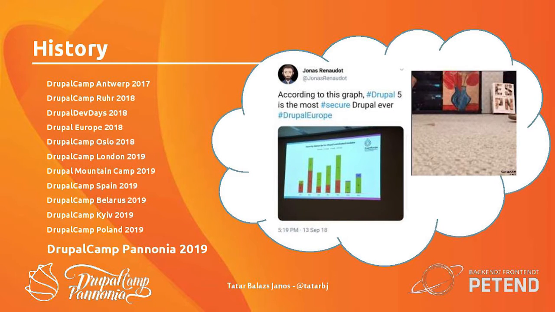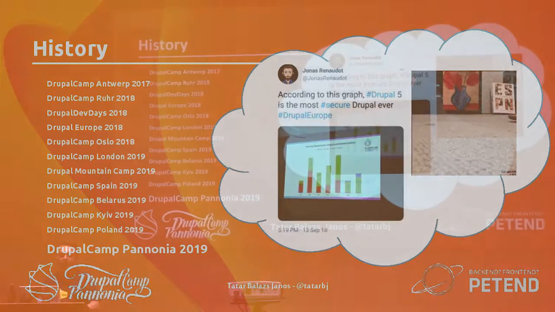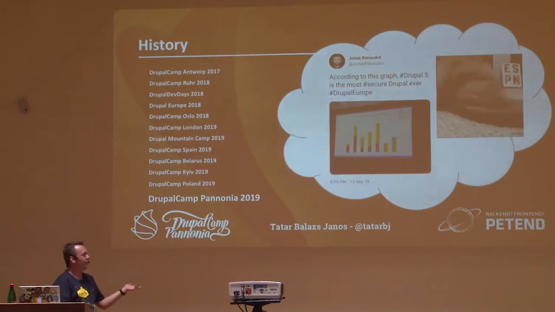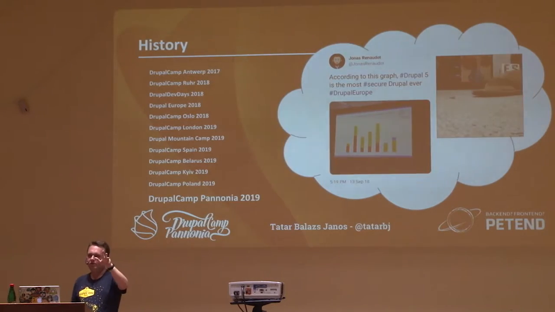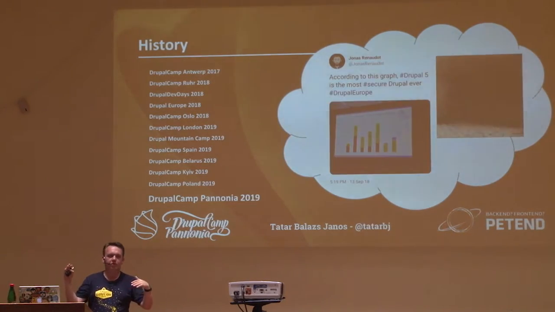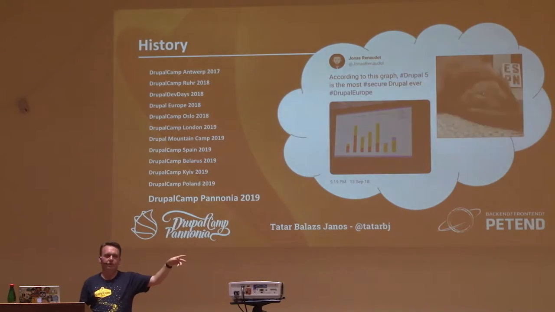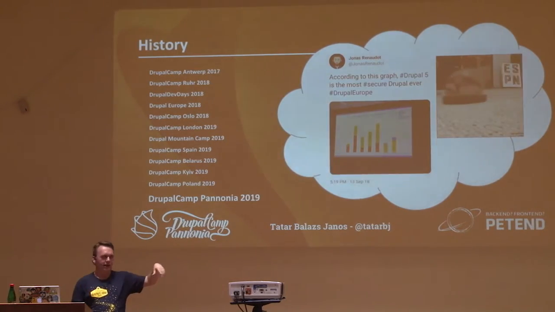But there is one particular last year in Darmstadt at Drupal Europe where I got a tweet about a slide, which I don't use nowadays, but it was particularly funny for me. It was about all the years since 2012 or even before, showing Drupal contrib security advisories and how many of them related to different Drupal core versions.